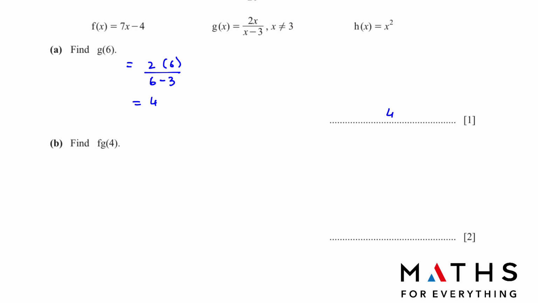Next one, we have to find f of g of 4. First, find g of 4. So g of 4 will be, replace your x value with 4, you will get 8.